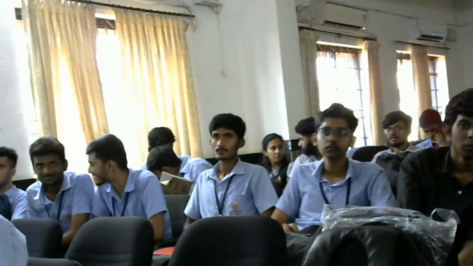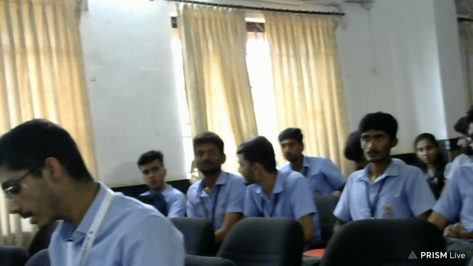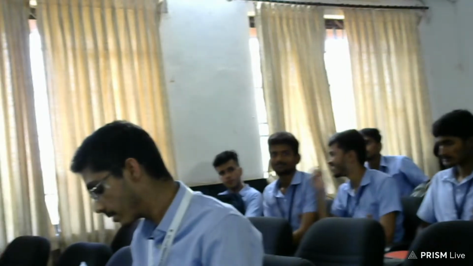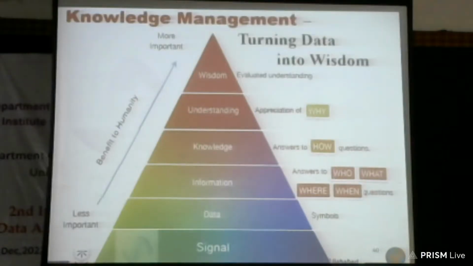Then we are appreciating the knowledge and we are understanding, and when we have assimilated the knowledge and evaluated the knowledge into evaluated understanding, we call this wisdom. So this is the basic pyramid of data science, or how data science would like to move from data.